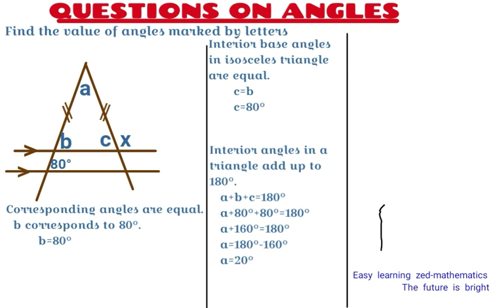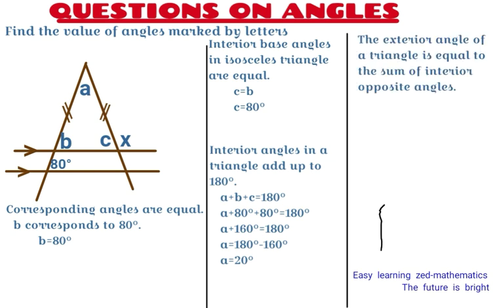The property we're going to use to find the value of X is: the exterior angle of a triangle is equal to the sum of interior opposite angles.